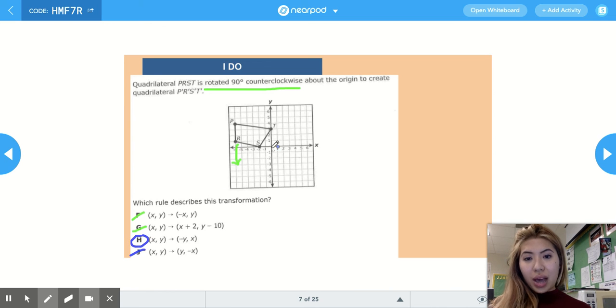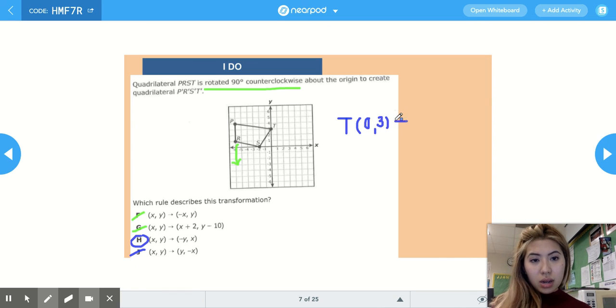And just to prove that, I'm going to go ahead and graph what the rotated points would be. So for T, my coordinate is (0, 3). And if it were to be rotated according to this rule of (negative y, x), I'd have (negative 3, 0).